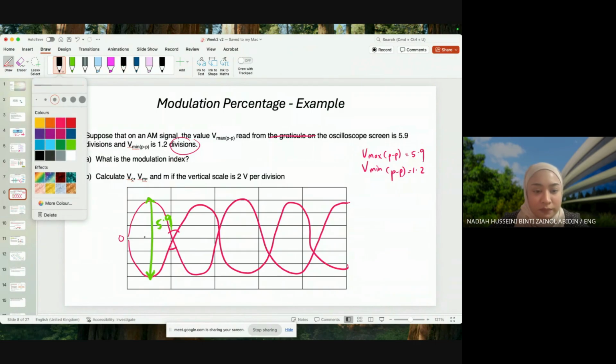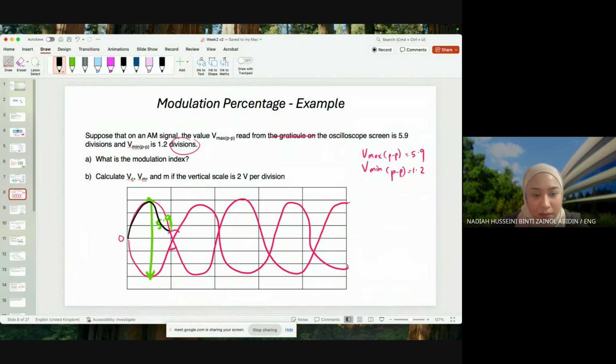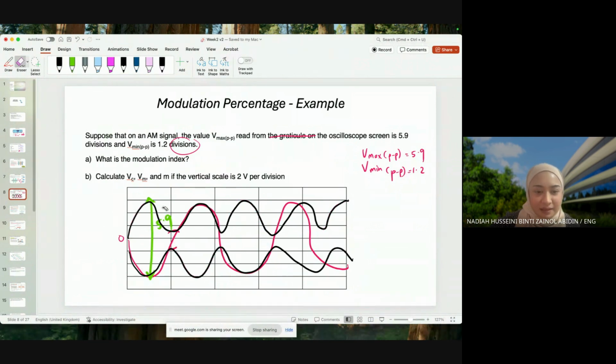It's hard to draw a wave. Like that? Bad. Just bear with me. Okay, this is how it looks like. Thank you, Shafiq.